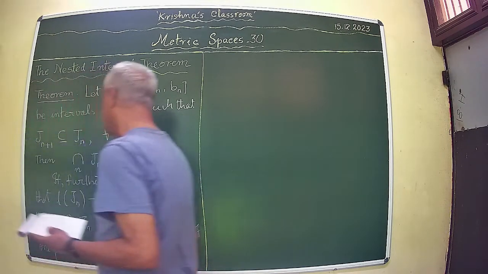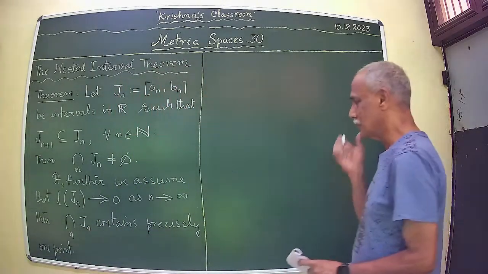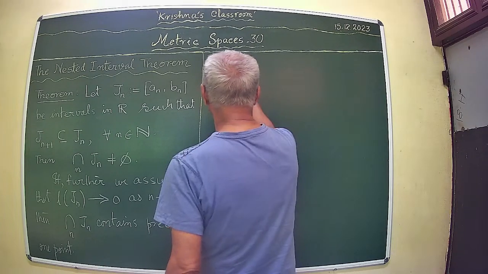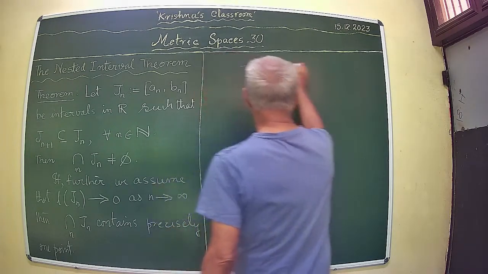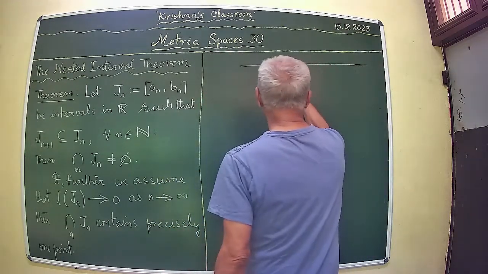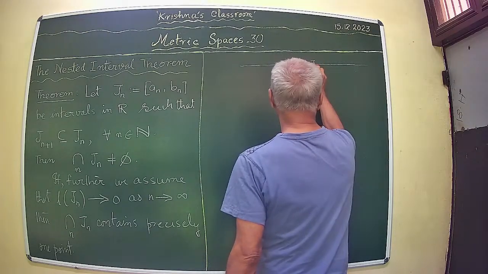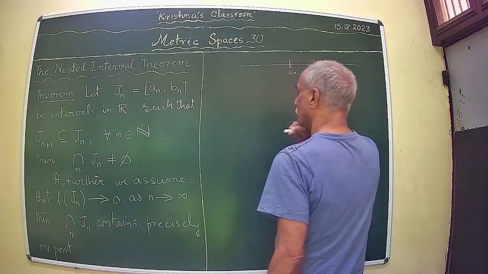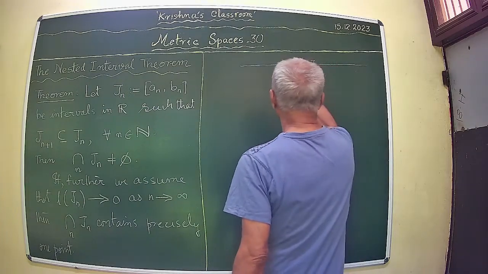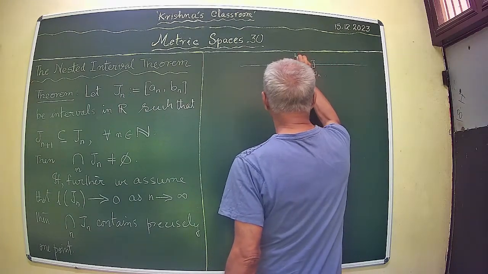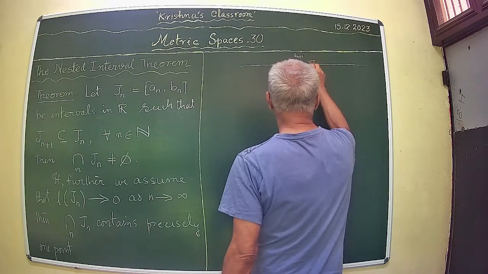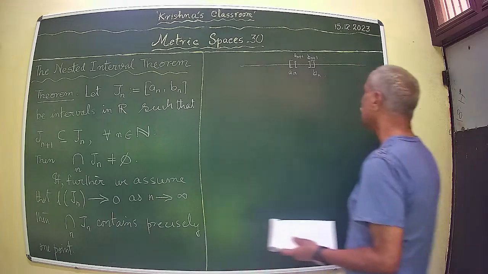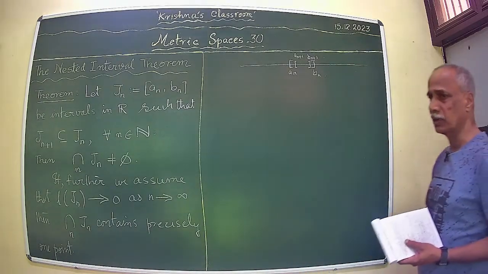It's a beautiful theorem. So before we prove this theorem, let us try to understand it. It says that on the real line you have closed bounded intervals [an, bn] with the property that [an plus 1, bn plus 1] is contained in [an, bn], maybe properly.